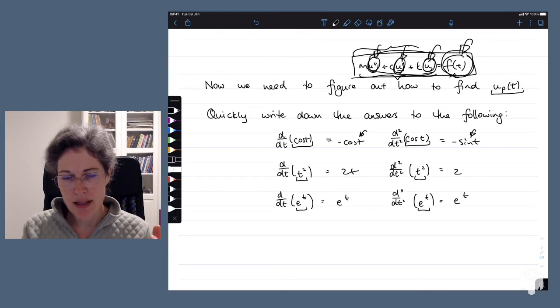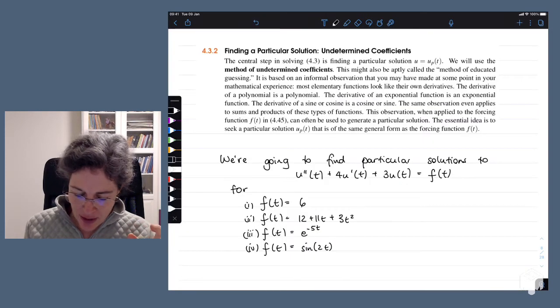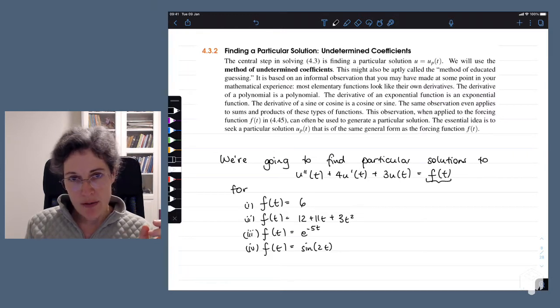Not sure if I made that clear, but it'll come as we go. So the idea of what we do is we look at the form of the driving function and we try a solution of that same form.